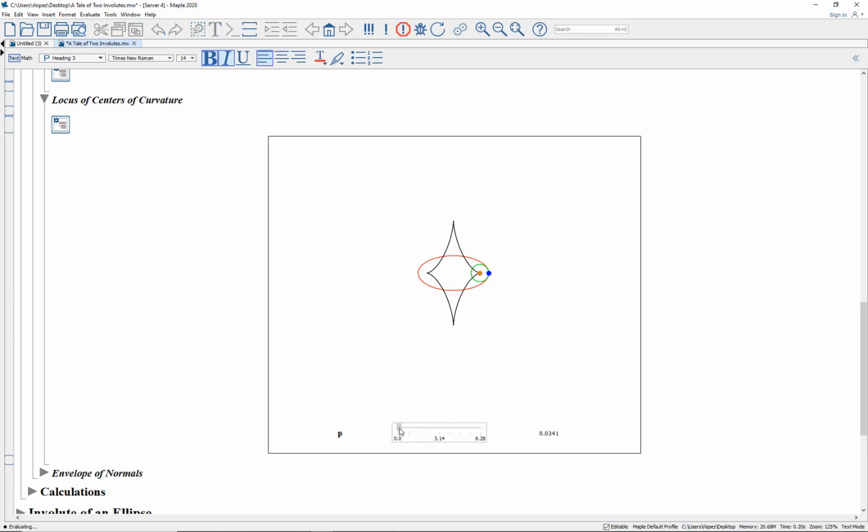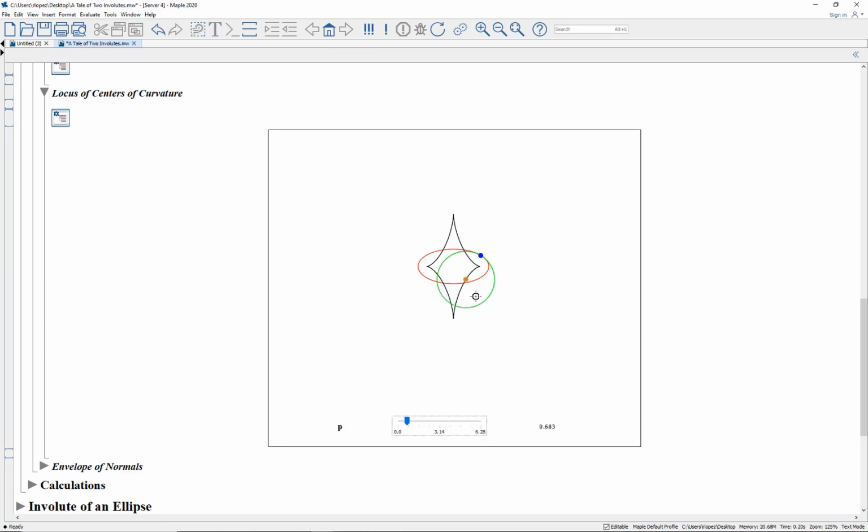and the slider moves the point of contact. The radius vector is going up to that point of contact. So the slider moves that point P, the blue point, as the circle of curvature traverses the ellipse. Its center, the gold dot, is tracing the evolute.